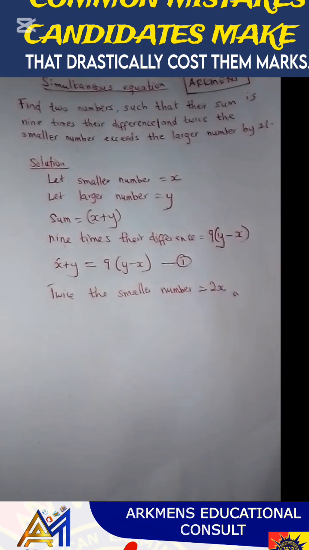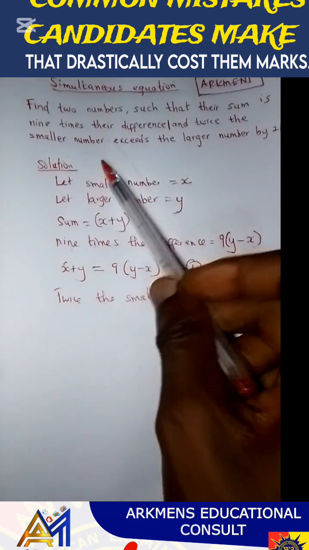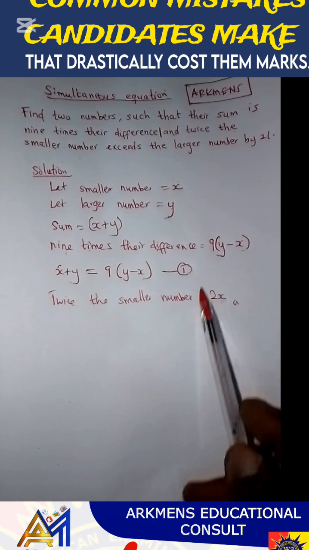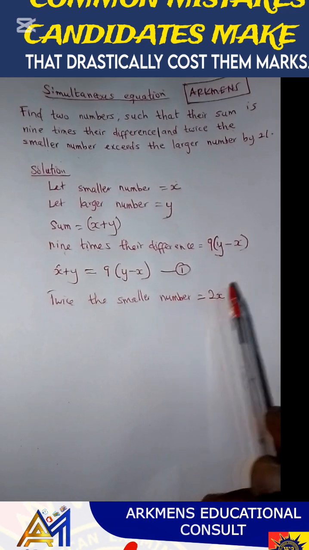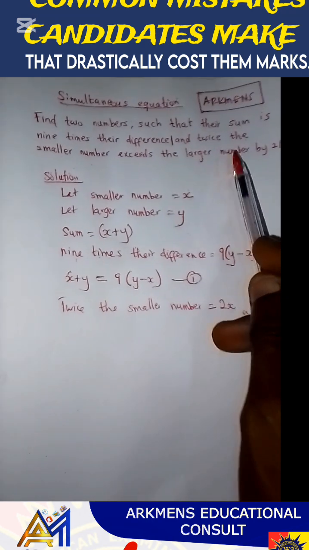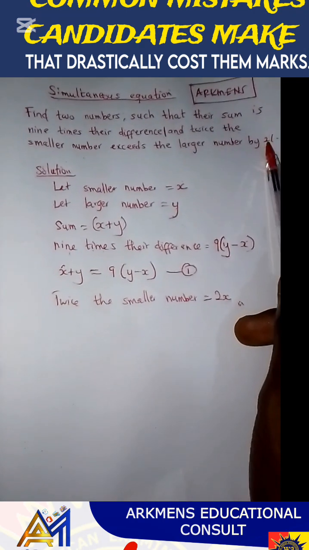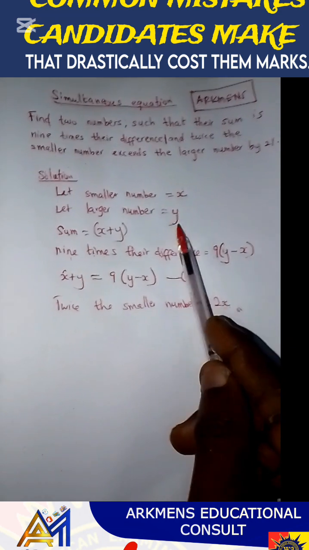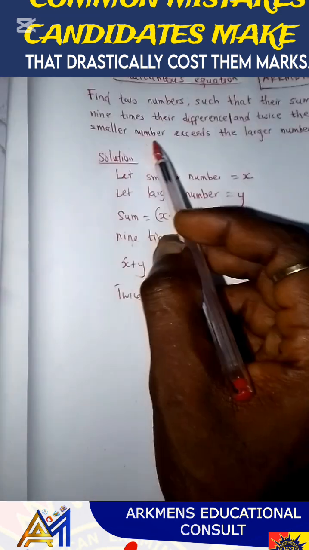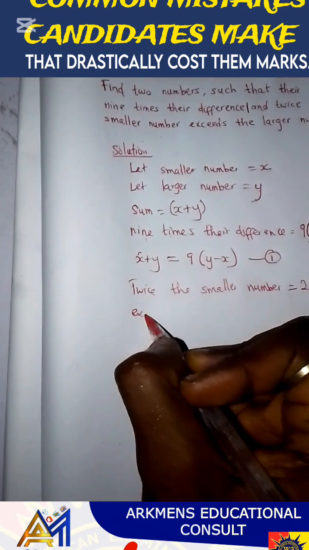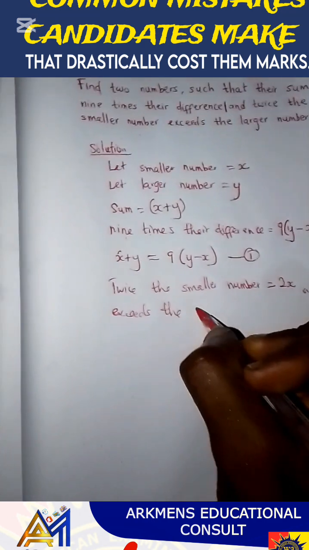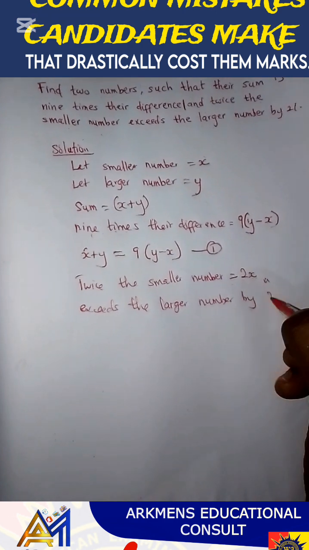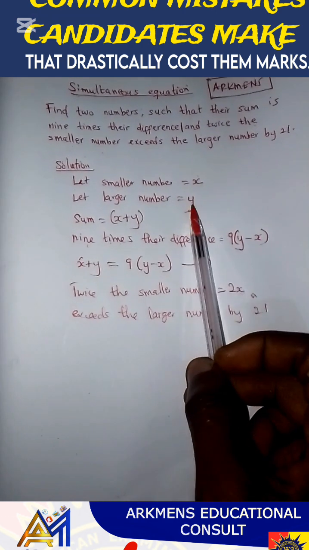I repeat: twice the smaller number exceeds the larger number by 21, meaning the difference between it and the larger number is 21. So when we add that 21 to the larger number, it will be equal to this. So what's the larger number over there? y. Are you getting it?